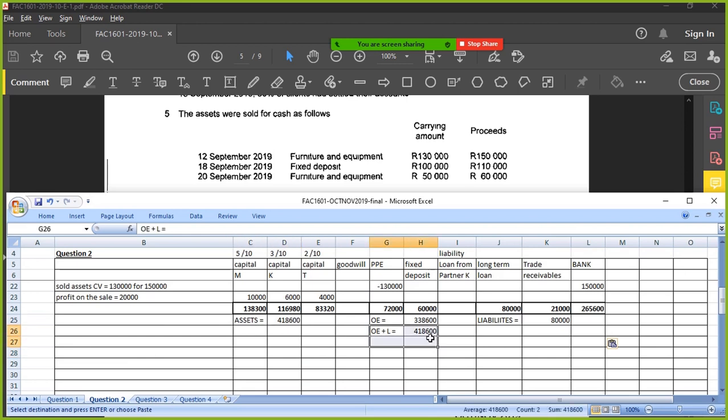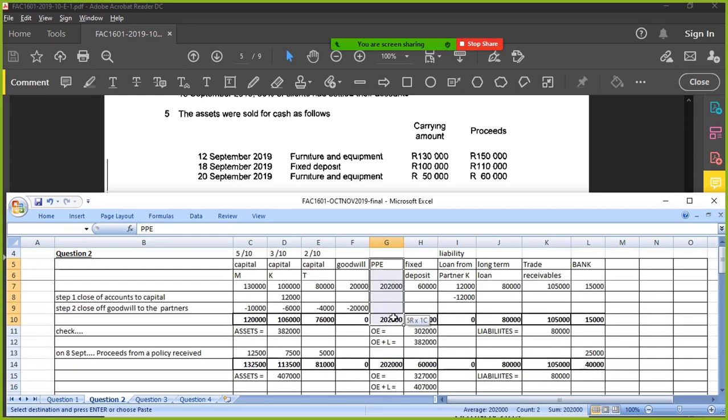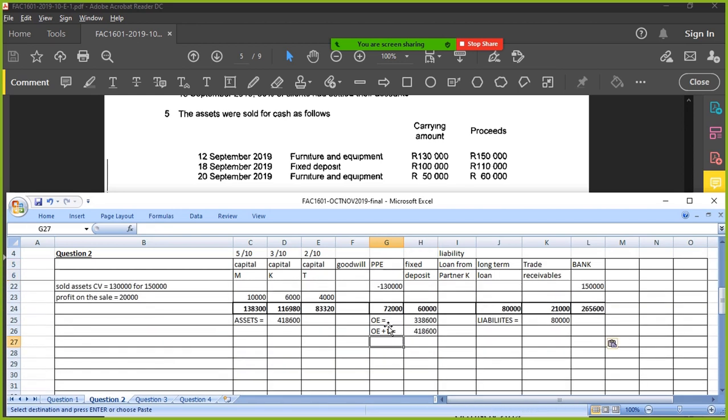Yes, assets, owner's equity, perfect. Okay, great. So if I'm looking at what we have, property, plant, and equipment, still available. Fixed deposit, still available. Long-term loan needs to be paid off. Trade receivables, still available.